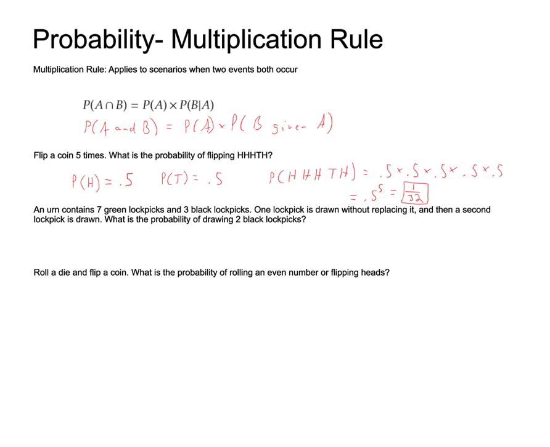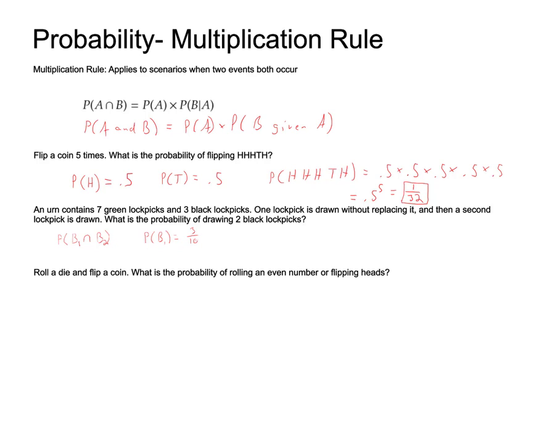So, let's do this. We want to know the probability of black and black. And we'll put black 1 with a little 1 there and a little 2 down there because we know we're drawing 2. So the probability of drawing the first black lockpick is equal to, well, we have 3 black and 7 green, so that's 3 out of 10.